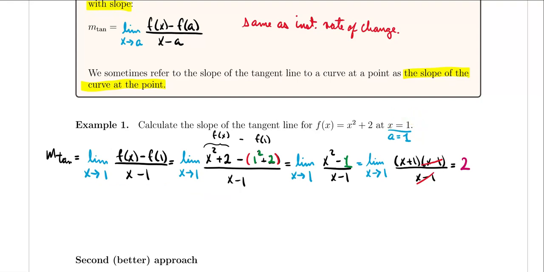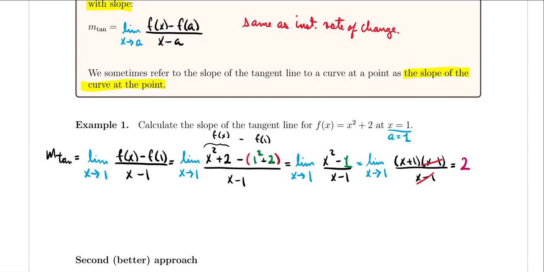Now, what if I said, oh, you know what? It actually wasn't negative 3. It was, hey, find me the slope of the tangent line at x equals 5. We would have to do the whole process again. So you see here that even though this method is very nice, it does give us the slope of the tangent line, if we wanted to select different tangent lines, though, it does become a tedious process.